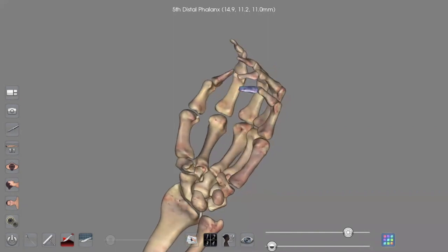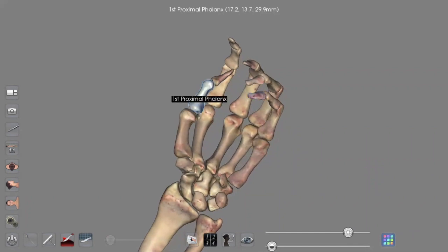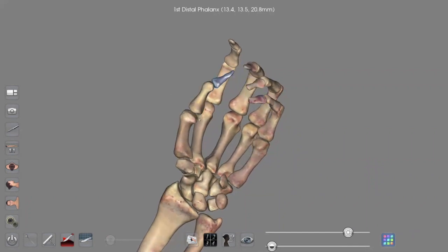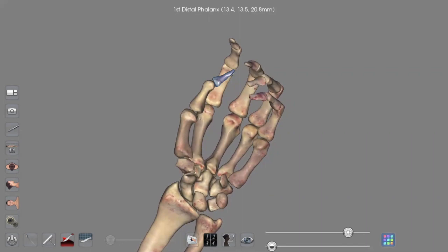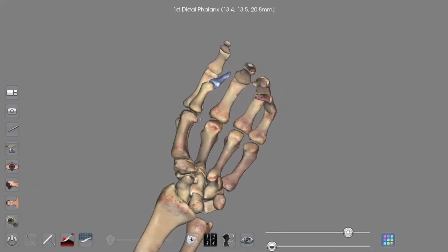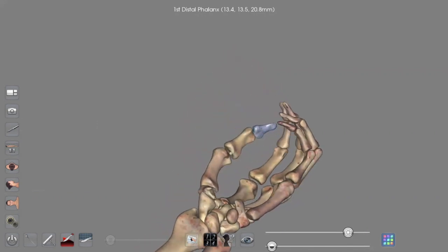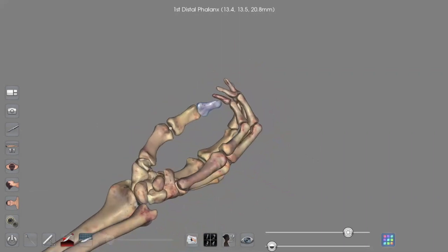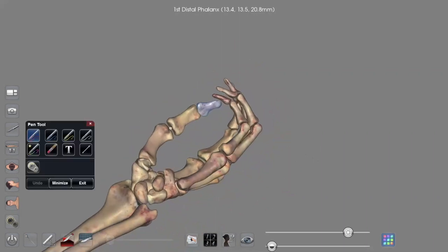The thumb, because it only has a proximal and a distal phalange, only has one articulation, which is the IP joint, the interphalangeal joint. Similar to the metacarpals, the phalanges have a base proximally, a head distally, and a shaft in the middle.